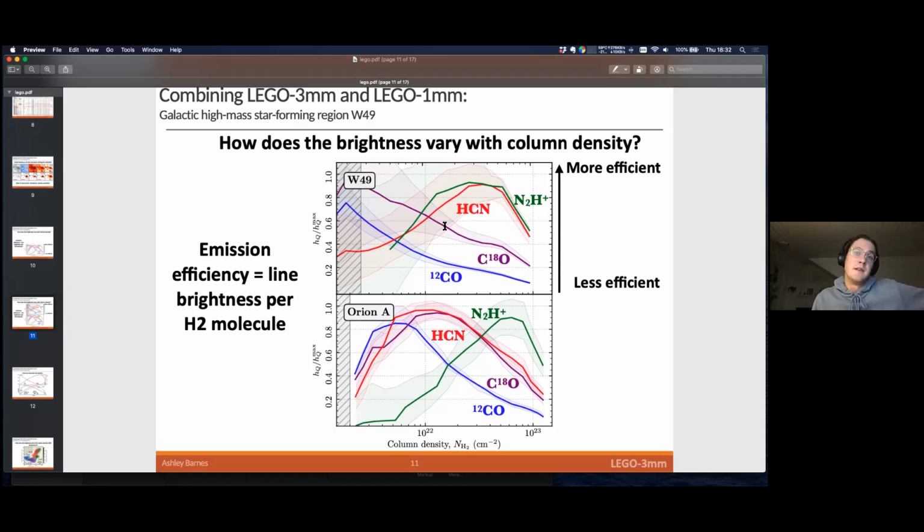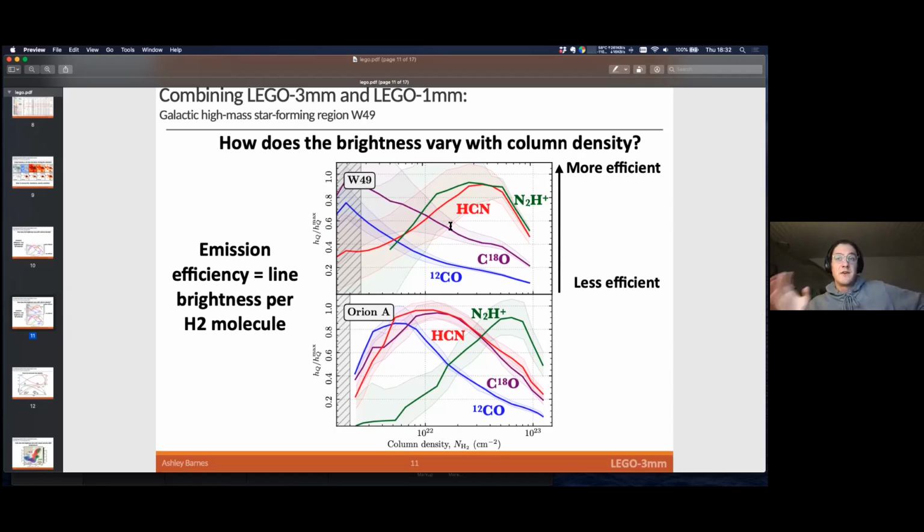But like I said, W49 is 11 kiloparsecs away. So on the other side of the galaxy, you have a lot of material in between you and it. These were probed by similar angular size beams, so the physical linear size of the beam at W49 is significantly larger than Orion, and we're covering a significantly larger area than was done for Orion.